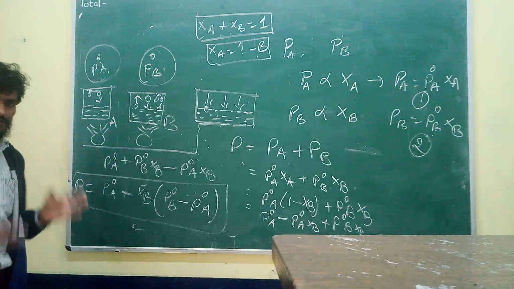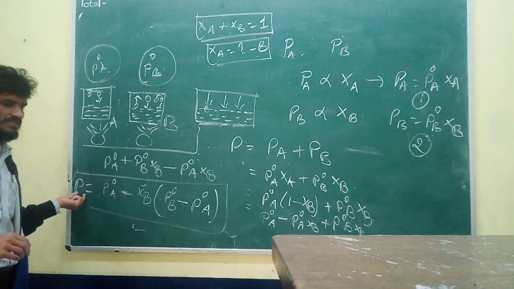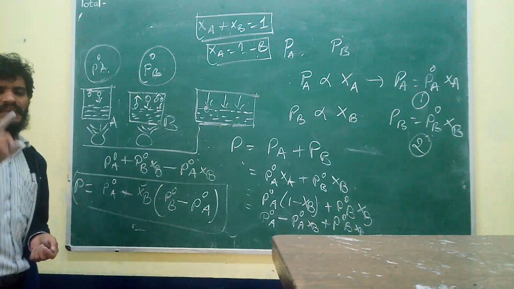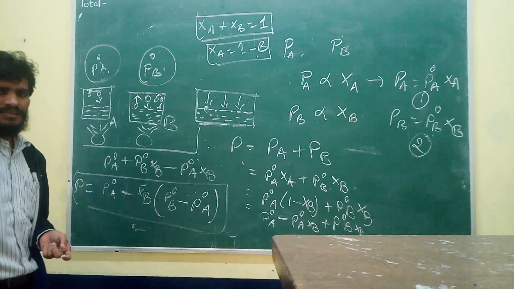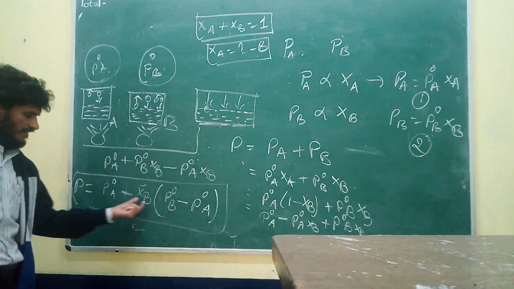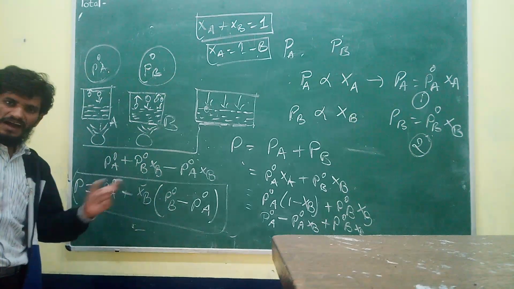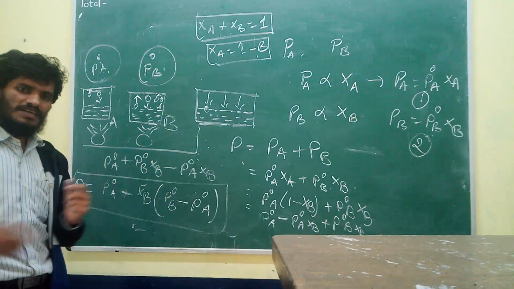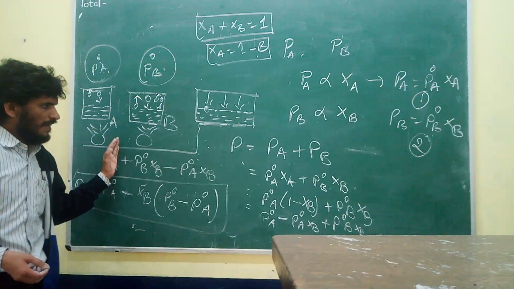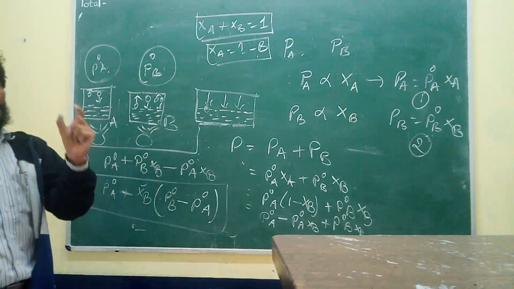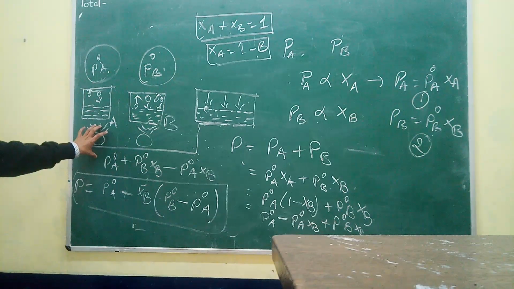So in solution, the solution vapor pressure is dependent on any one of the components' mole fraction, meaning a linear function of the component's mole fraction. Here it is a linear function of XB, the B component mole fraction, or it may be a linear function of the A component mole fraction. This applies when we are taking two types of liquids.